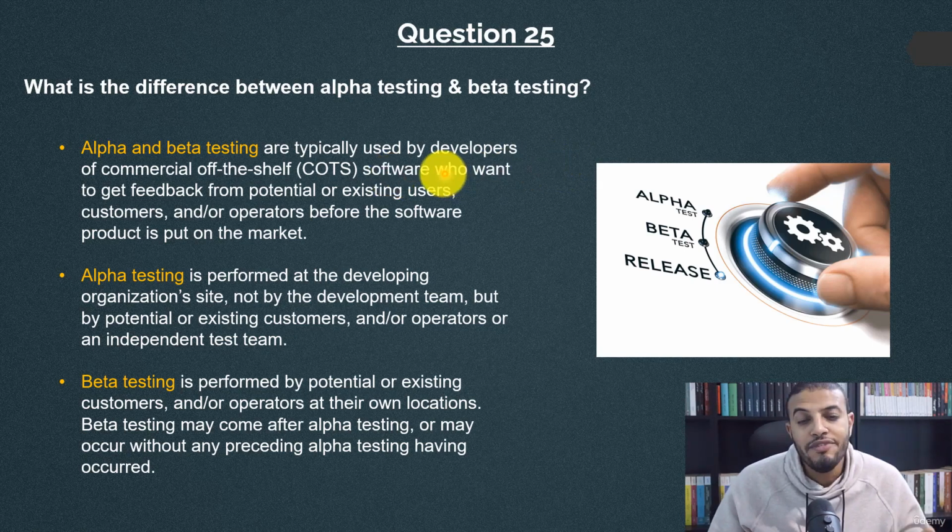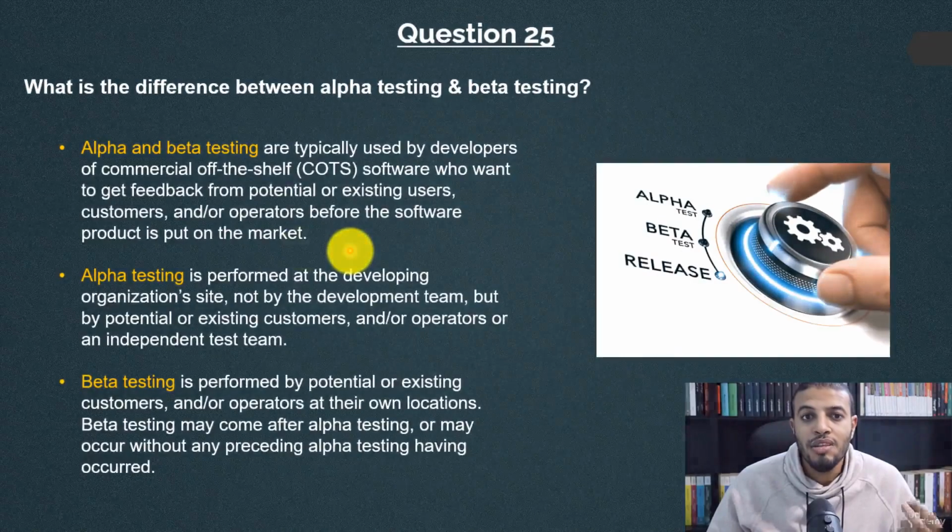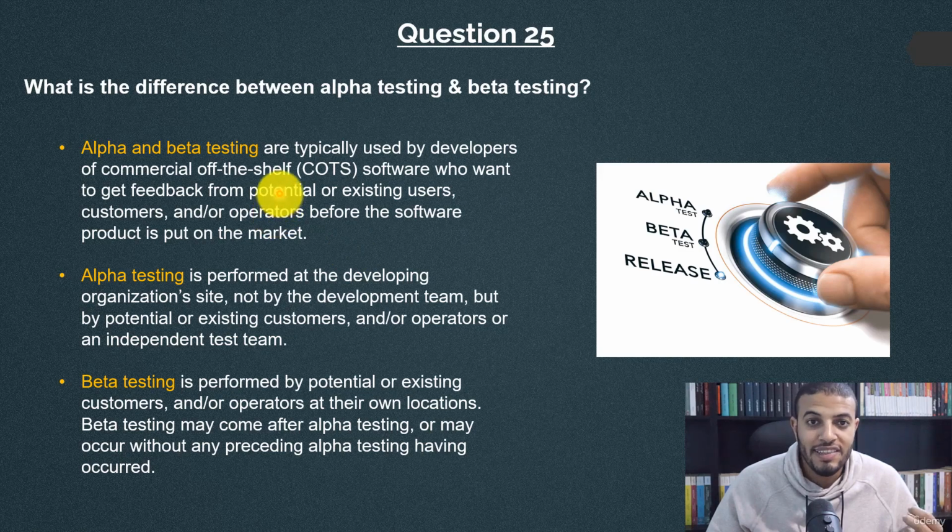So the developers of this software want to get feedback from potential or existing users, customers, or operators before the software product is put on the market. So for example, if a game is being launched for PlayStation or Xbox or even PC, in this case also we might perform alpha testing and beta testing before releasing the full version of this game, okay?